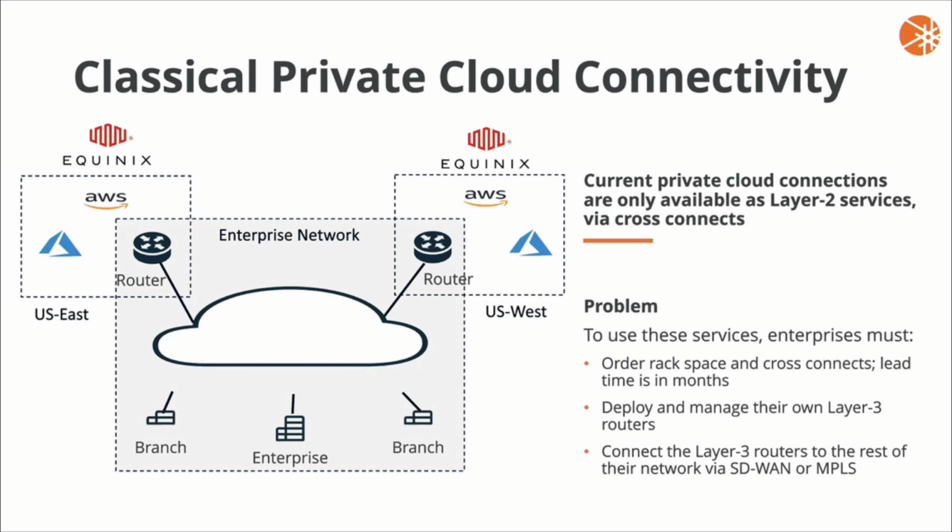You have to maintain all of this that you've deployed. And any new location where you bring up these connections, you have to go through the same process again. This can be fairly cumbersome. And then you have to figure out how to connect this to the rest of your layer 3 network. Now, whether you're using SD-WAN or MPLS, you also have to maintain this connectivity from these cloud locations over to your network.